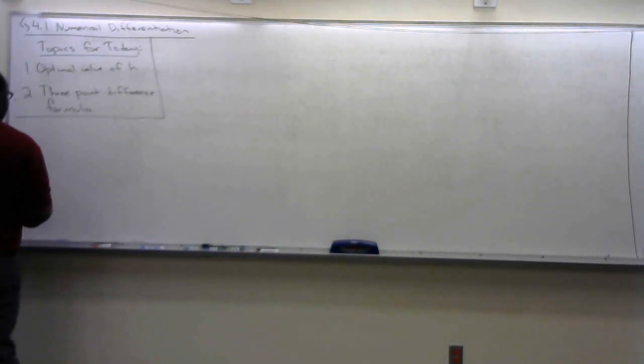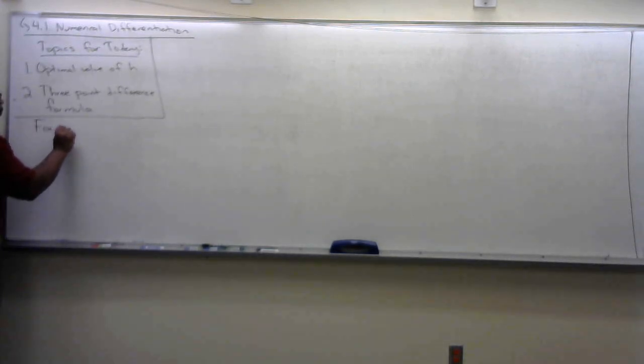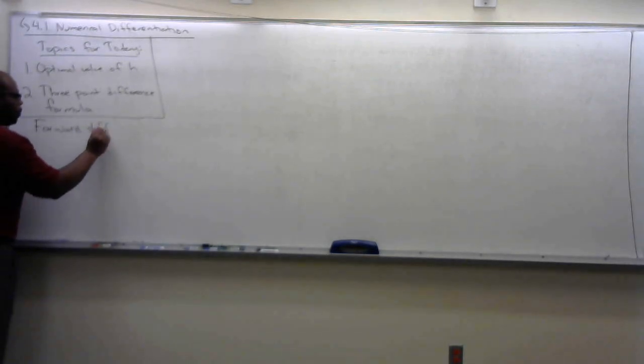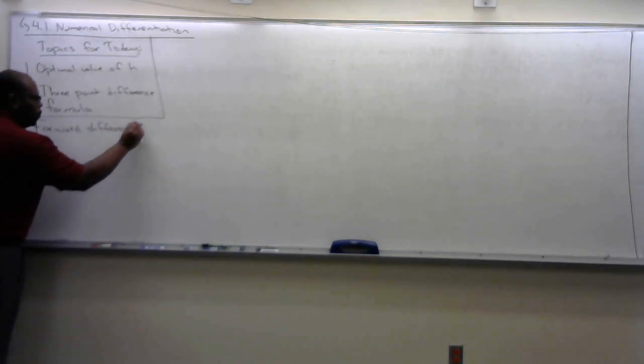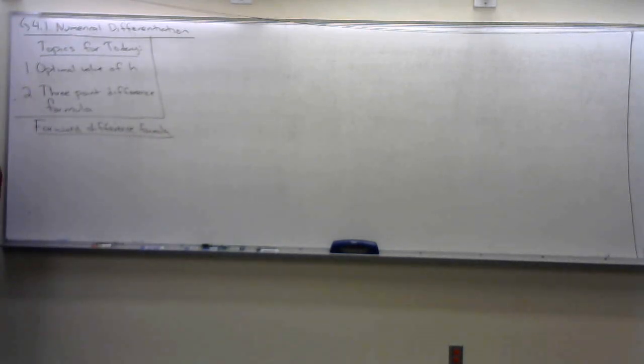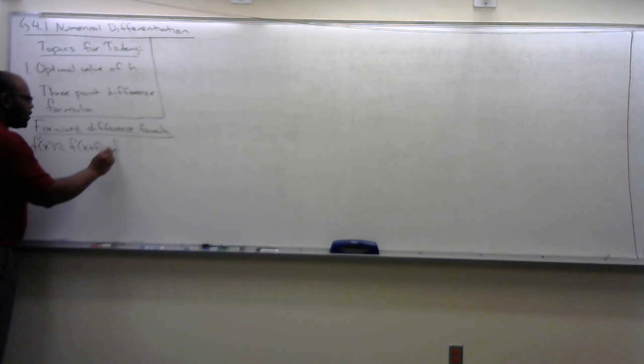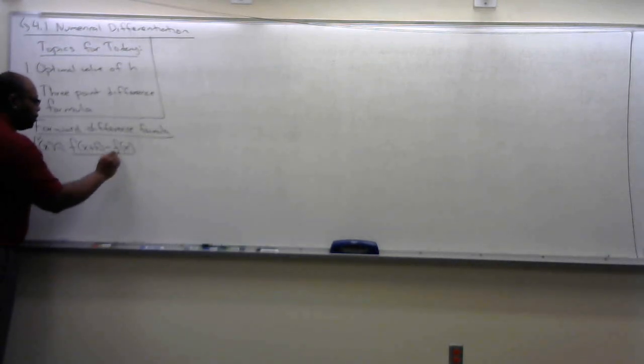Okay, so let's get started. Let's remind ourselves of what we've already done. We come up with a forward difference formula, or a backward difference formula. It depends on how you want to think about it. It's a forward difference formula if h is greater than 0, and it's a backward difference formula if h is less than 0. So I have f prime of x is approximately equal to f of x plus h minus f of x divided by h.